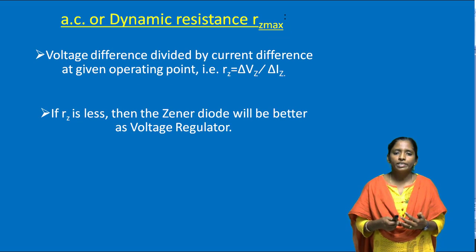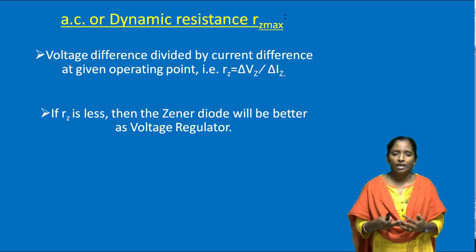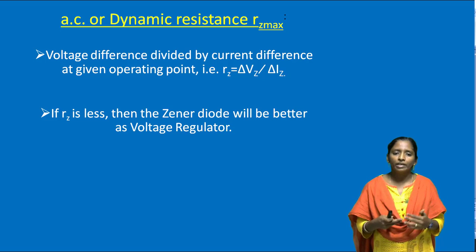ACR, dynamic resistance, RZ maximum. It is the difference in voltage divided by the difference in current, that is, change in voltage by change in current. At the zero conditions we will get some voltage and current. After applying a signal to the Zener diode, we will get other values.